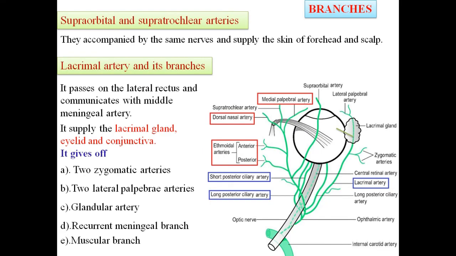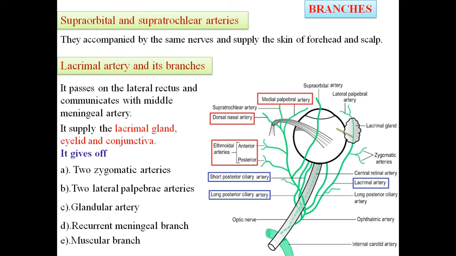You can see that there is a supraorbital artery and supratrochlear artery. Here the supraorbital artery is the terminal part of the ophthalmic artery. It arises from the superior medial aspect of the orbit, accompanied by the trochlear nerve and supratrochlear vein.